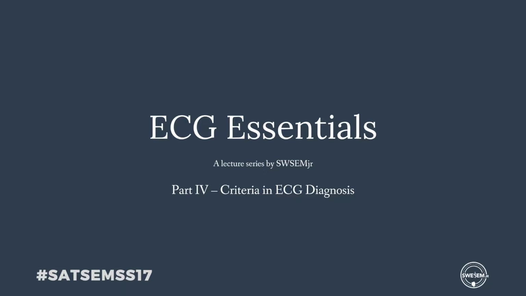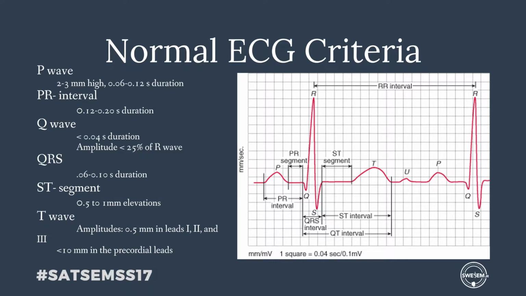This section is going to be about different sets of criteria in making the ECG diagnosis. When reviewing the different criteria for ECG diagnoses, it's essential to remember the physiology of the normal ECG.